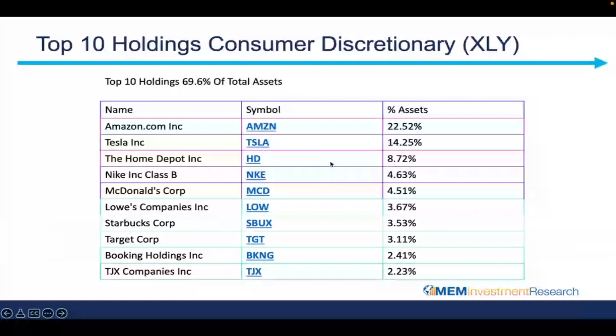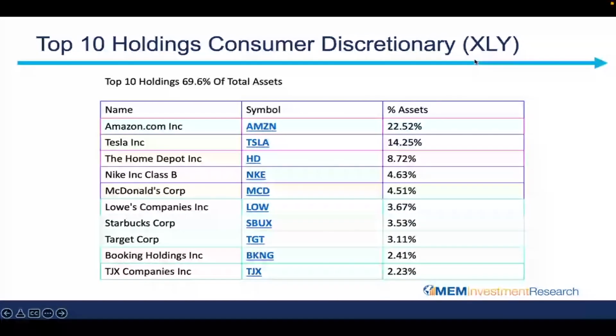Home Depot, very surprising, with an 8.7% weighting, and then so on down the line, so that you can have a sense that not only is it retailers, Home Depot, Nike, McDonald's, and Lowe's are a big part. Also, Tesla is, and Amazon has a very large technology component to it. However, it is a key component of XLY.